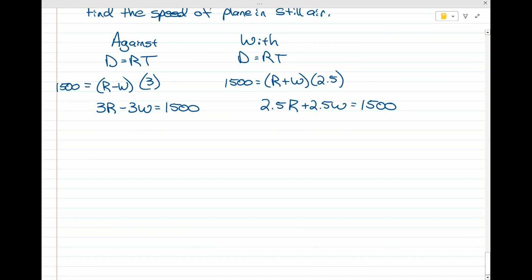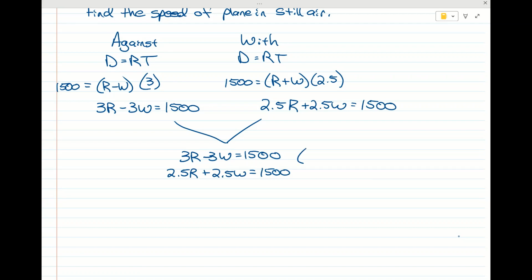So if we're going to eliminate these, let's write them vertically. So 3r minus 3w is equal to 1,500, and 2.5r plus 2.5w is equal to 1,500. I'm going to multiply everything on top by 2.5, and I'll multiply everything on the bottom by 3.